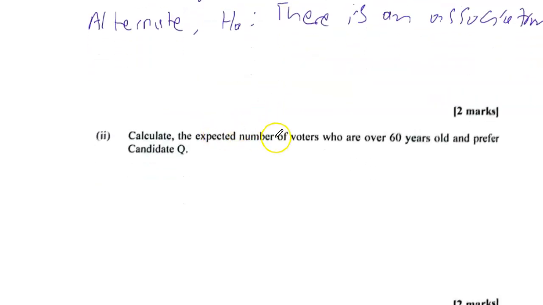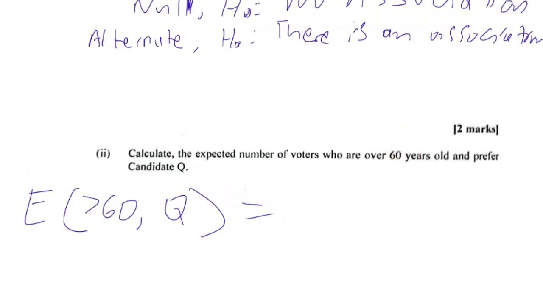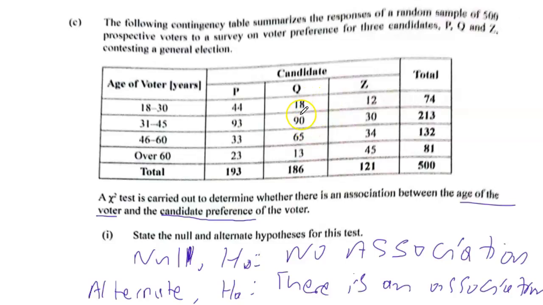Calculate the expected number of voters who are over 60 years old and prefer candidate Q. So I want the expected value for over 60 and candidate Q. Here's the over 60 category, and candidate Q is the candidate Q category. Look at where these two collide.